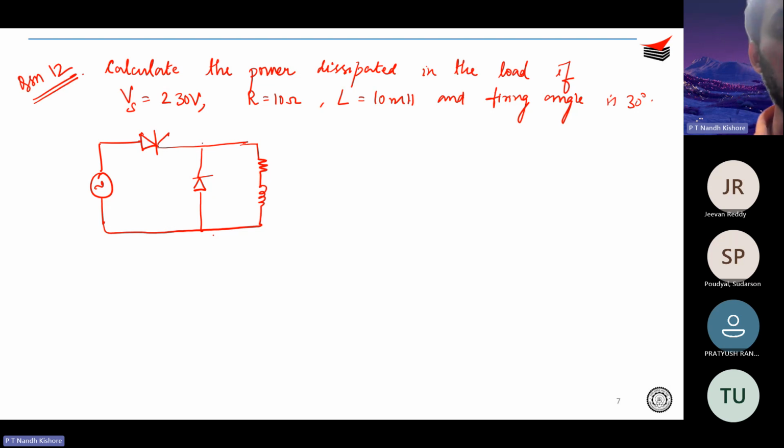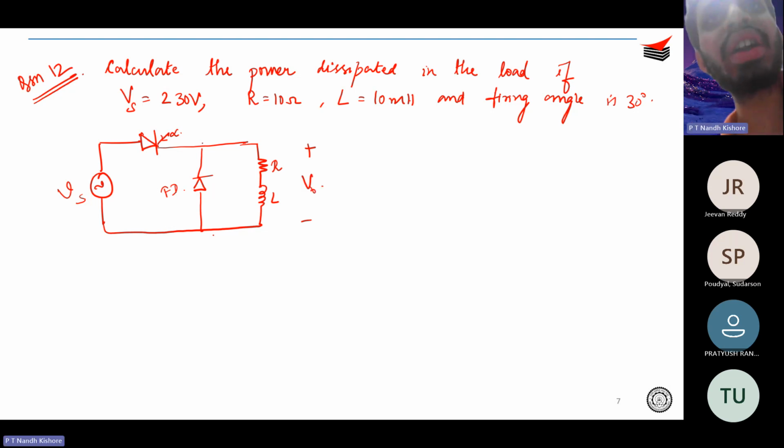So the question is simple, right? So this is your alpha, correct? And this is your Vs. This is your freewheeling diode over here. You have an R and then L. So the entire output voltage will be appearing over here, correct?